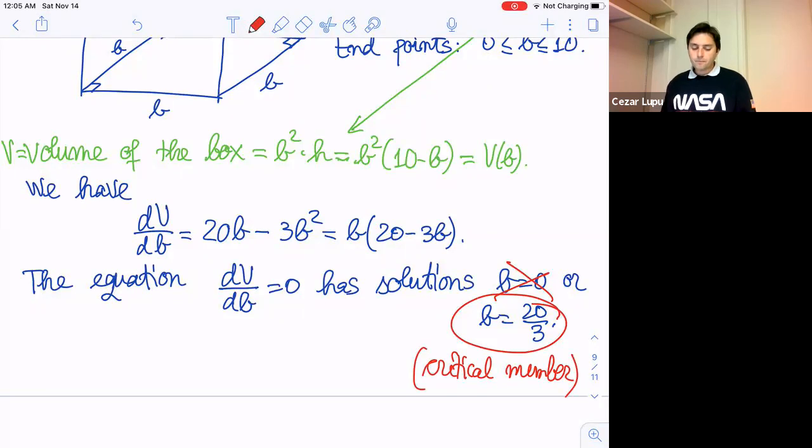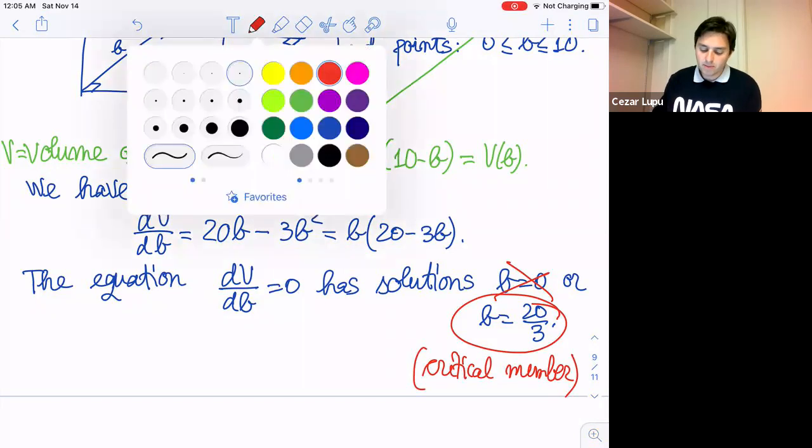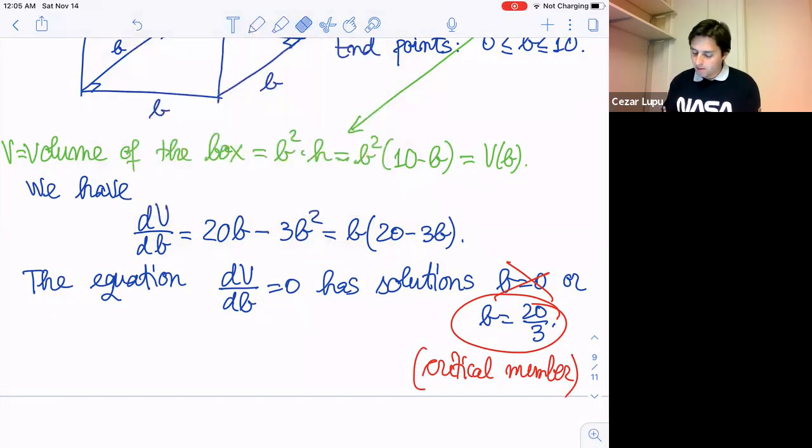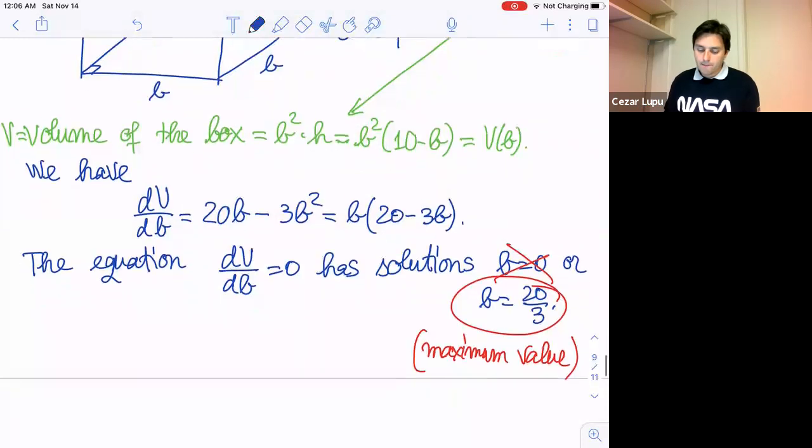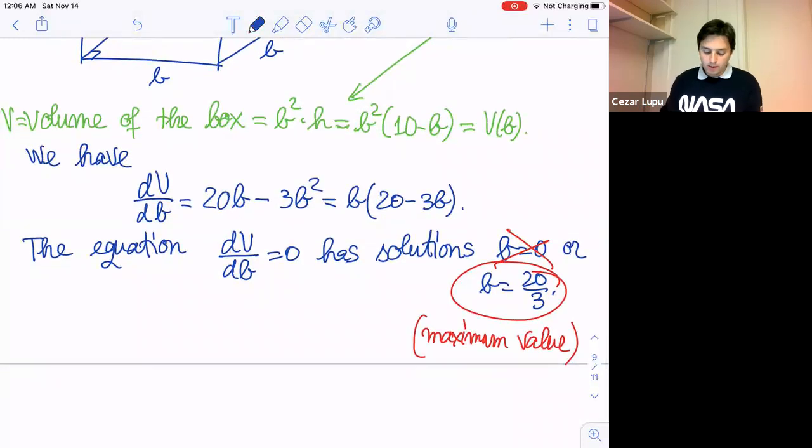And now we'd like to evaluate. So this will be basically the maximum value, in fact. But let me be specific. This is the maximum value. We would like to evaluate v at b equals 20 over 3.